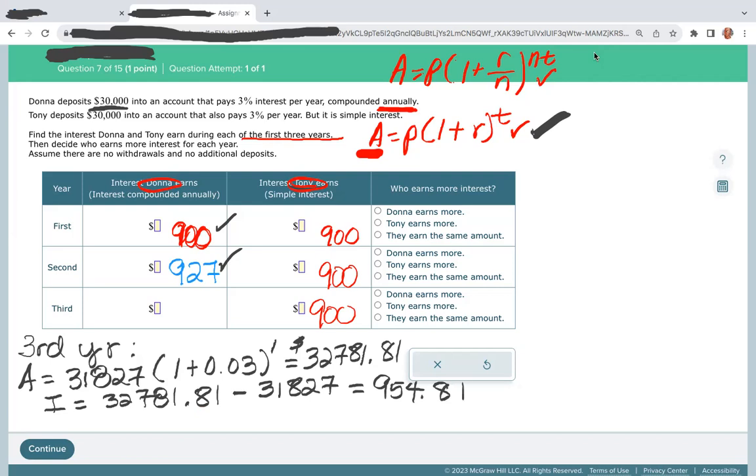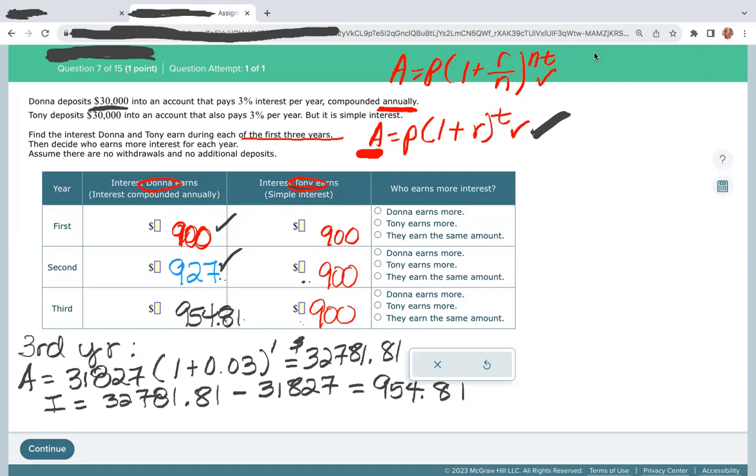So on the third year, Donna has earned $954.81 in interest. Now, guys, look at the difference. Make the comparison between simple interest and compound interest. Do you see how much of a difference it is? On the second year, that's an additional $27. On the third year, that is an additional $54.81.